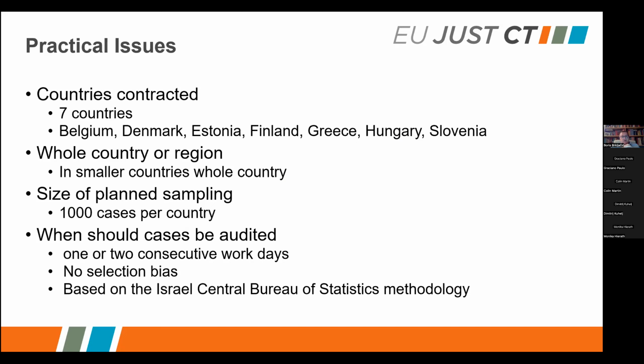In two small countries, Estonia and Slovenia, the whole country was sampled, all imaging units that performed CT in a specific 1 or 2 work days, and in the other 5 countries, a specific region was sampled, with the planned sampling of 1,000 cases per country.